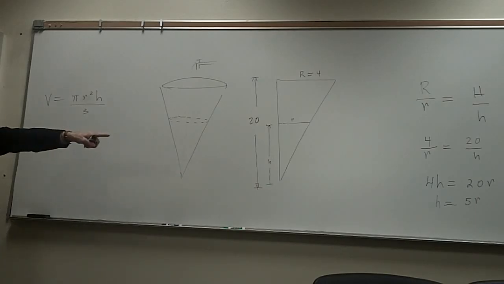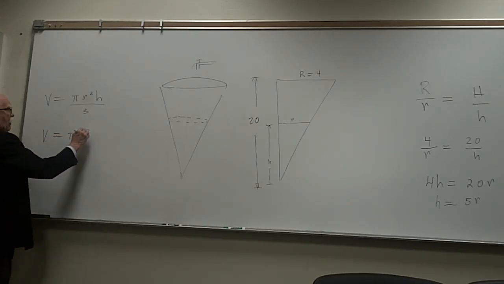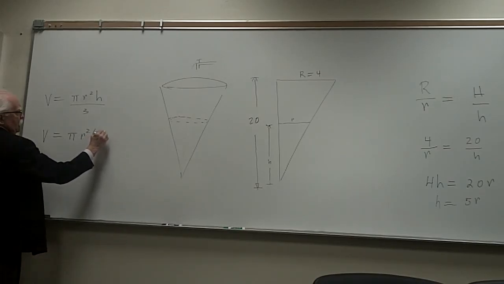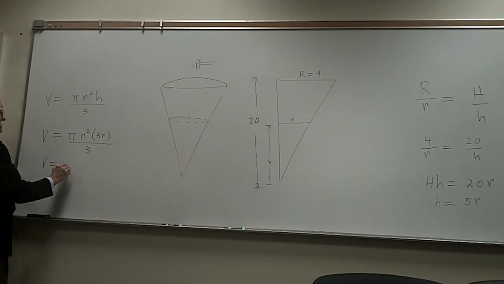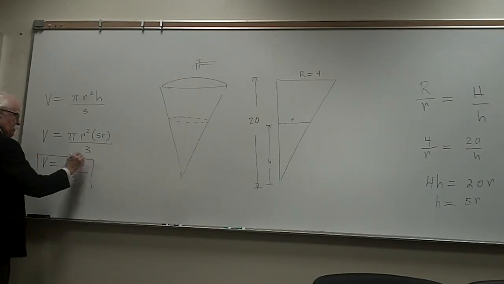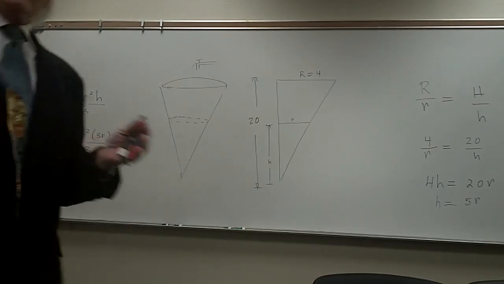Guess what h is? So V is equal to what? Pi r squared times what? So this is equal to 5 pi r cubed over what? Do you see what that gives you?